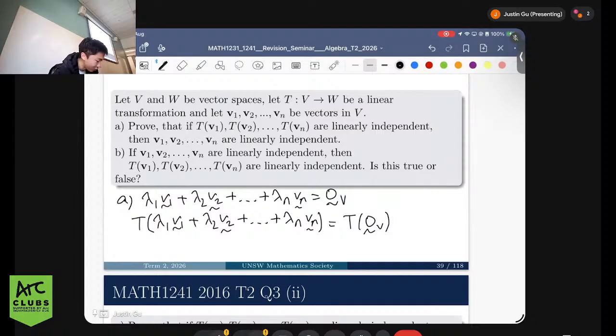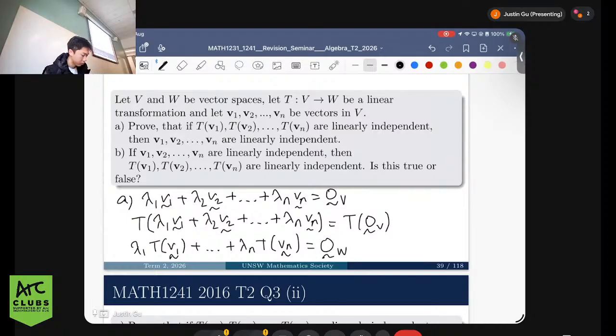By definition of a linear transformation, which is the same as a linear map, we can change it to this. And here, once again, it's just like the image, so we have 0 in W.